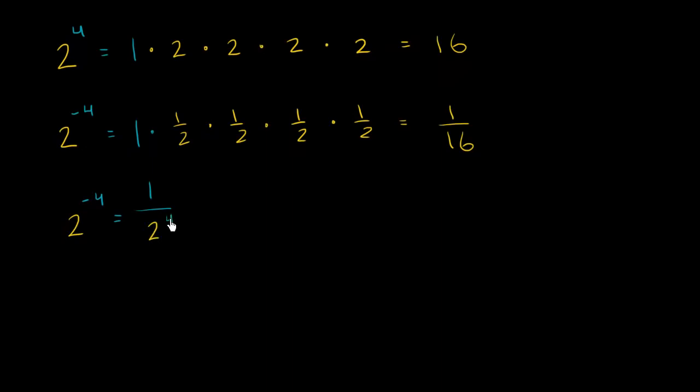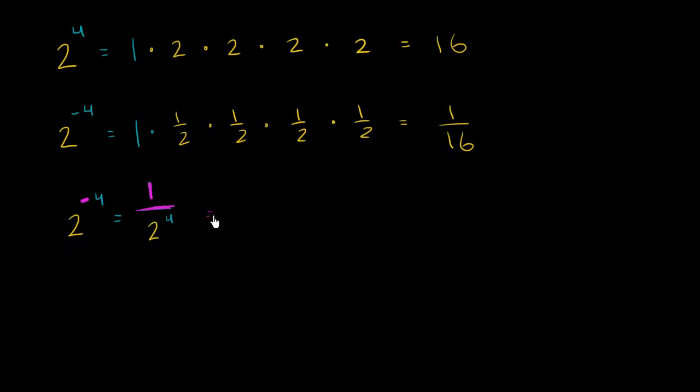And let me color code it nicely so you realize what the negative is doing. So this negative right over here, this is what's causing us to go 1 over. So 2 to the negative 4 is the same thing, based on the way we've defined it, as the reciprocal of 2 to the 4th, or 1 over 2 to the 4th.